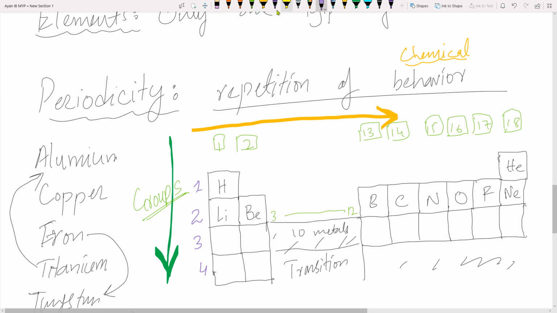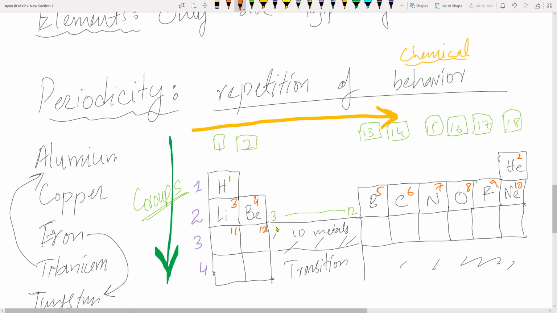Now I'm going to write a number on these. I'm going to start counting from this one: 1, 2, 3, 4, 5, 6, 7, 8, 9, and 10. These are the first 10 elements in your periodic table, and the number continues. Let's go from 11 to 12.